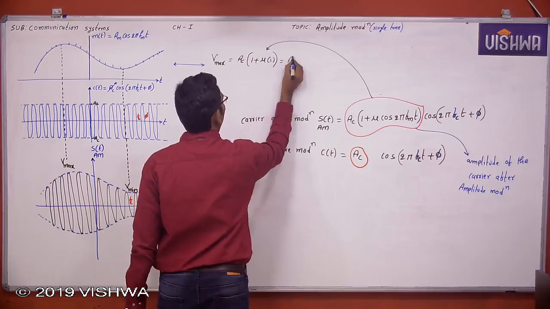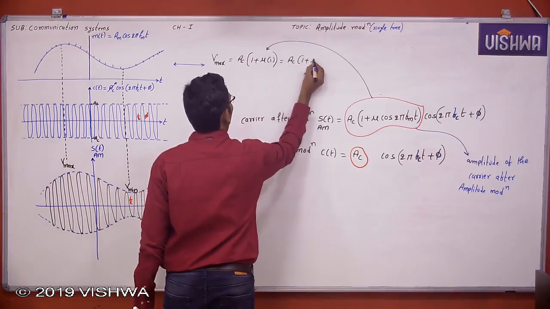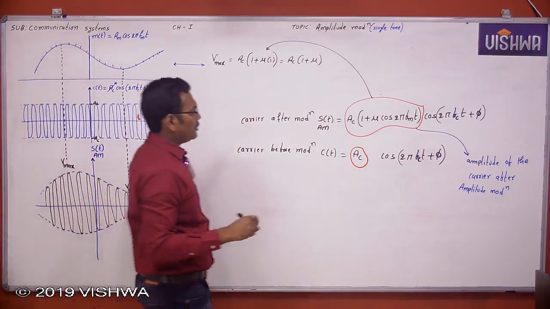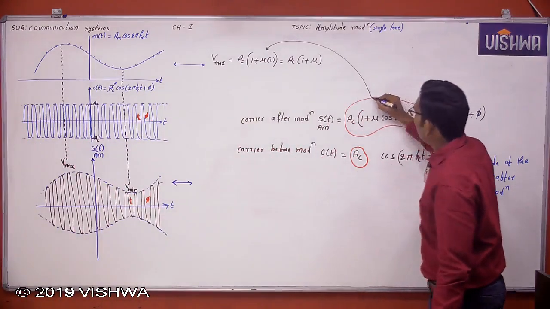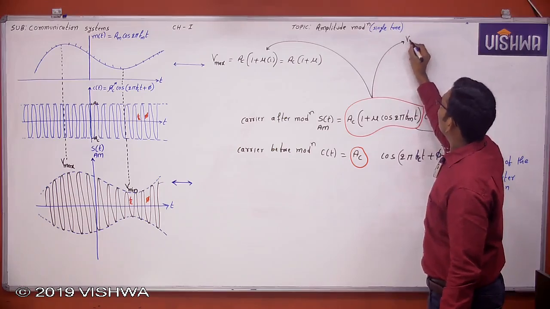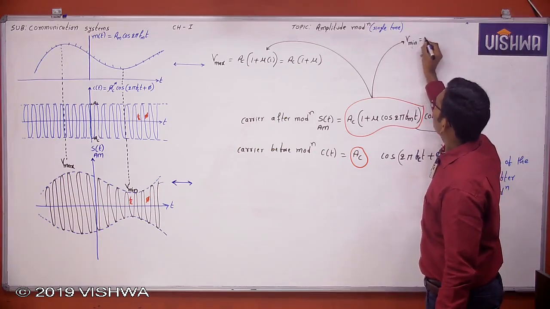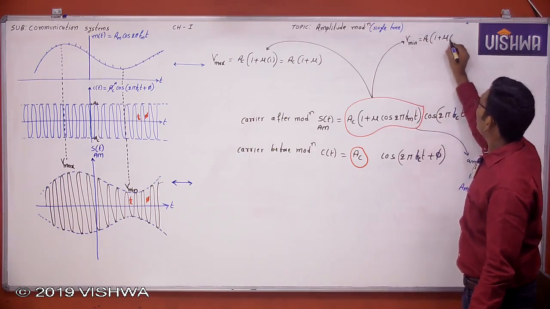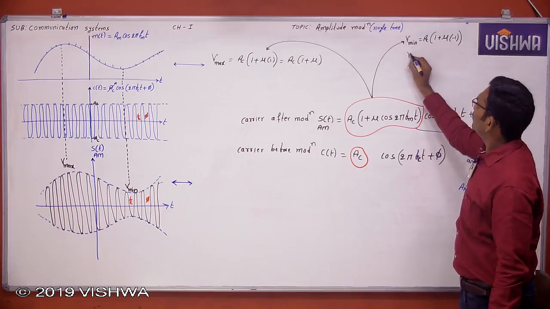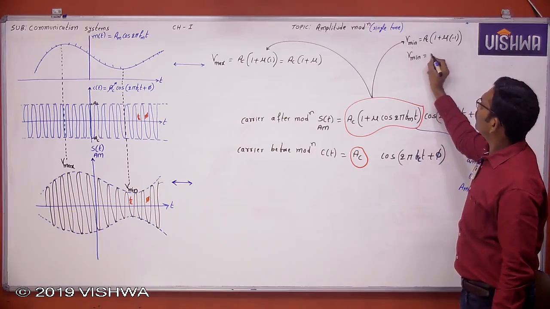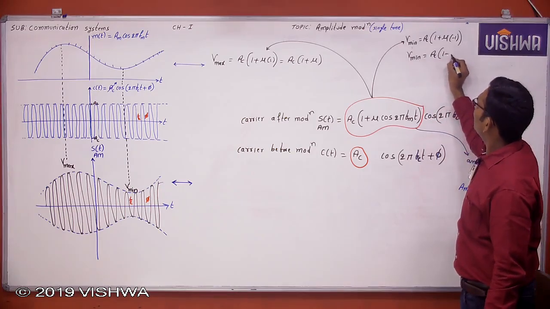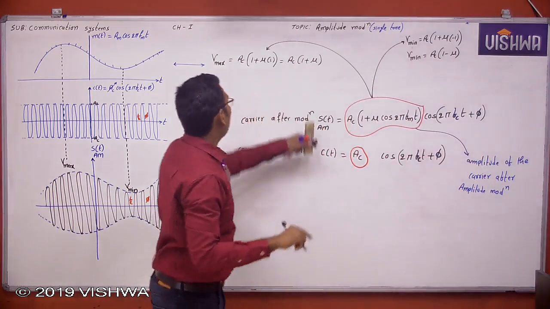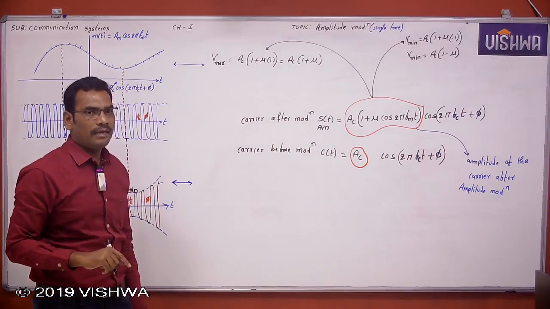This is the maximum amplitude of the carrier after AM modulation. Now, what is the minimum amplitude? V minimum is AC into 1 plus mu cos. What is the minimum value of cos? Minus 1. Therefore, V minimum is equal to AC into 1 minus mu. This is the minimum amplitude of the carrier after AM modulation.